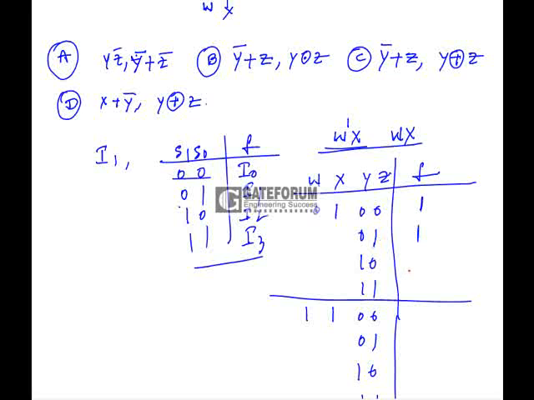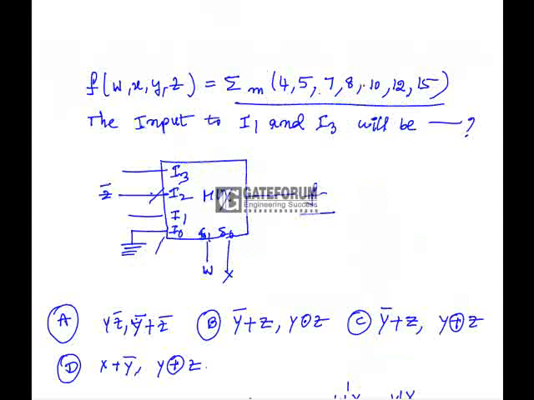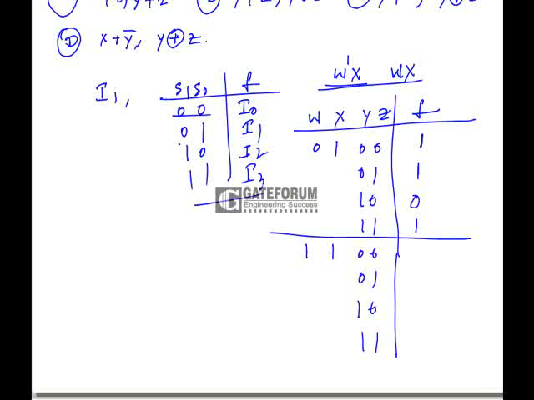Again 0 1 1 0 is 6, that is not there, because in the given values 6 is not there. Again 0 1 1 1 is 7, 7 is there. So these are the minterms that are 1. For WX combination 1 1, 0 0, that is 12, that is 1.